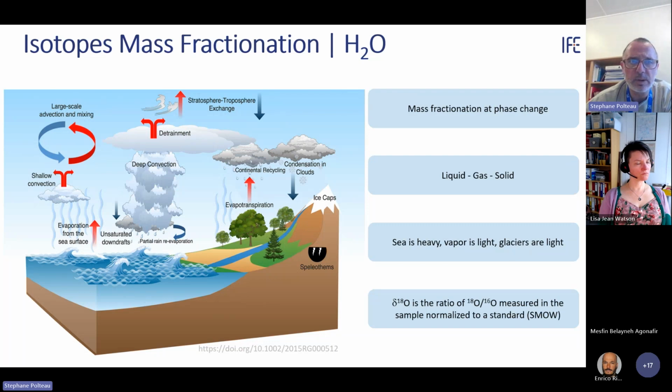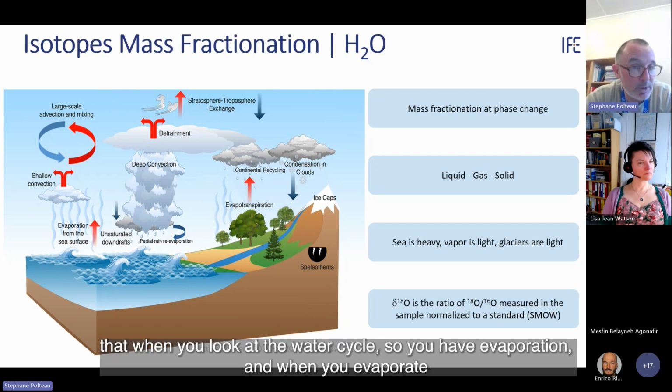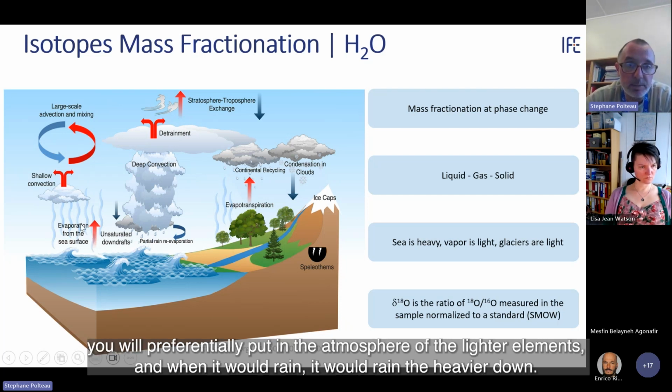Then for H2O, this is a simple example of isotopic fractionation from a simple process when you look at the water cycle. When you evaporate, you will preferentially put the lighter elements in the atmosphere, and when it rains, the heavier ones come down.